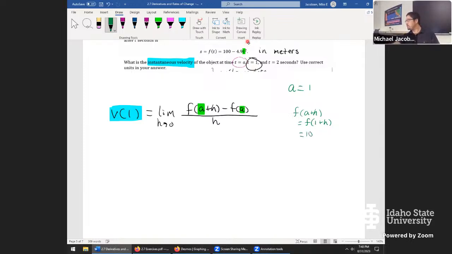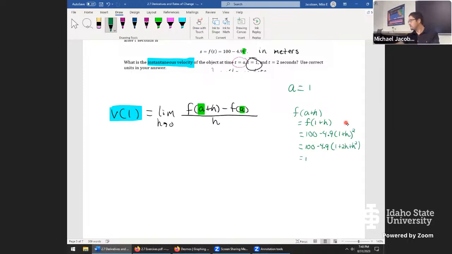So it turns into 100 minus 4.9 times 1 plus h squared. Now we're just going to simplify it right here and now. It's 100 minus 4.9. 1 plus h squared, when we expand, becomes 1 plus 2h plus h squared. And we're just about there.